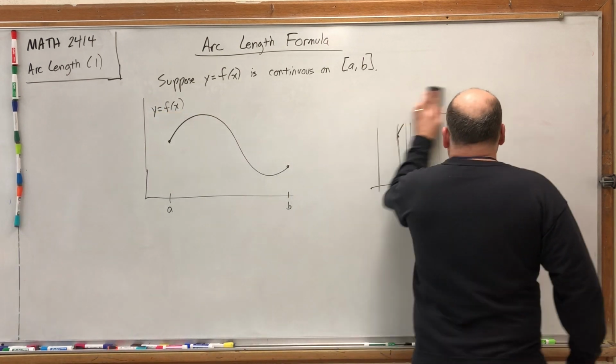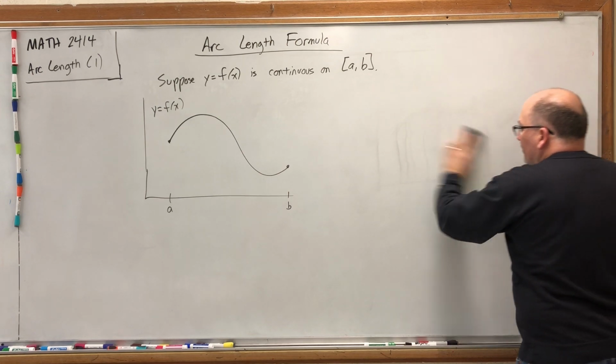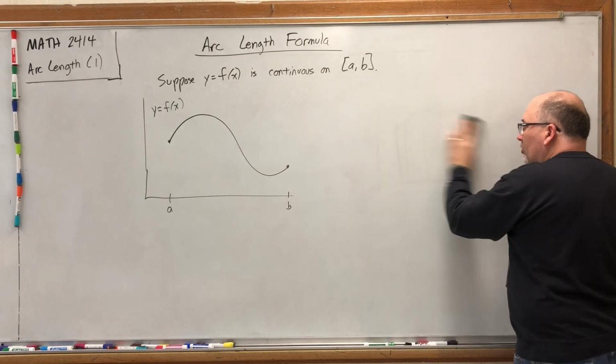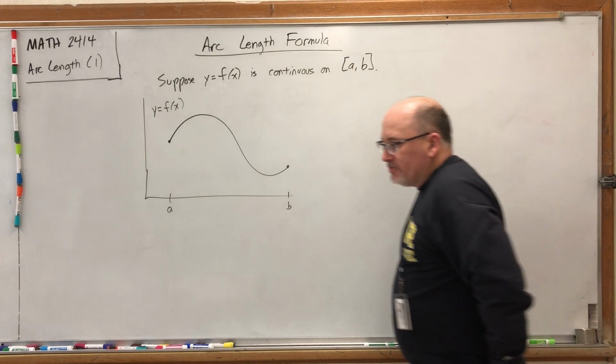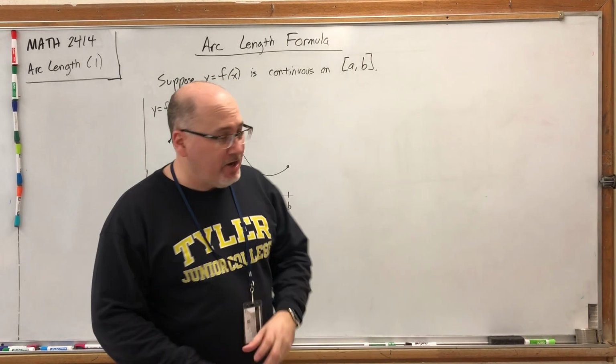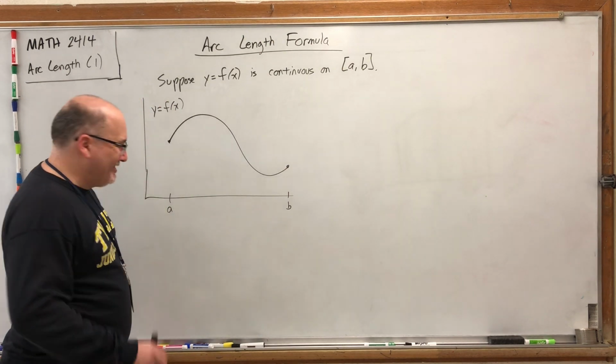So how are we going to do that over here? Well, first we have to think, is there some similar idea that we already know how to do in terms of finding the length of something? And the answer is yes, if you think in terms of distances.